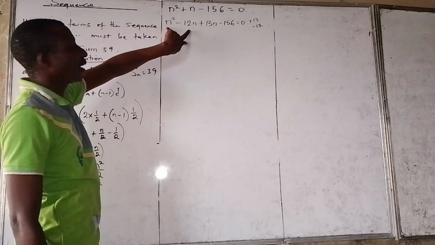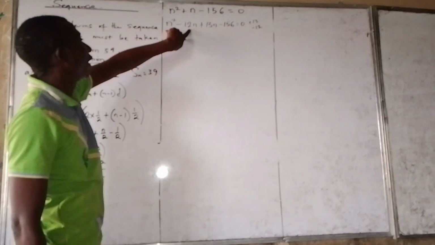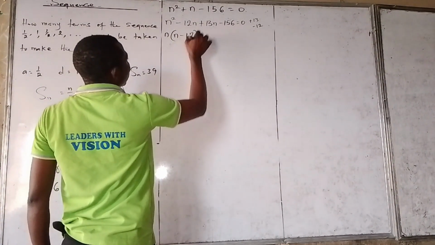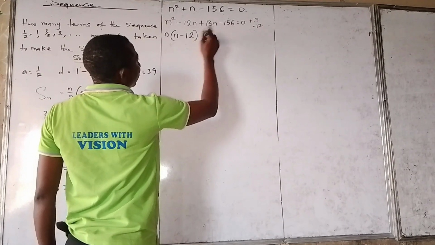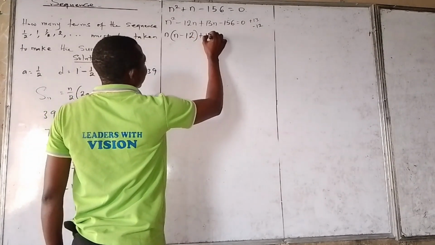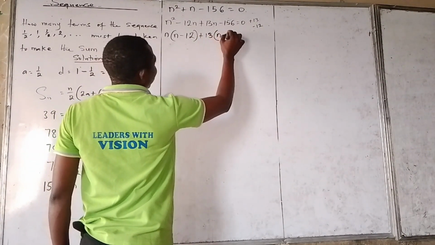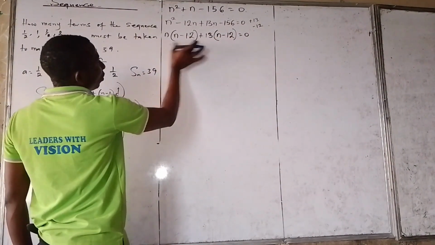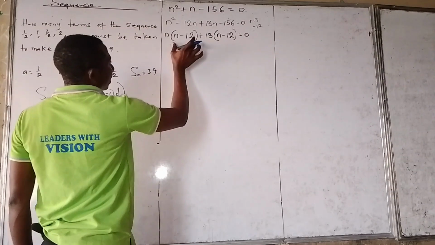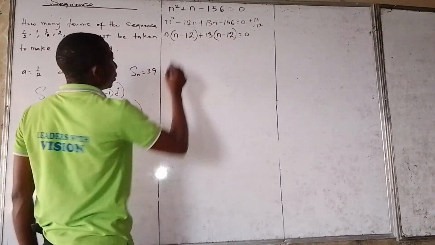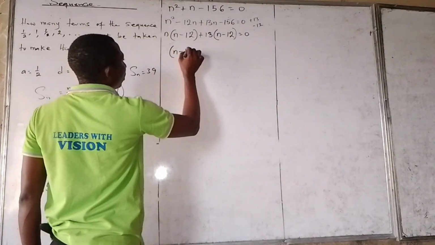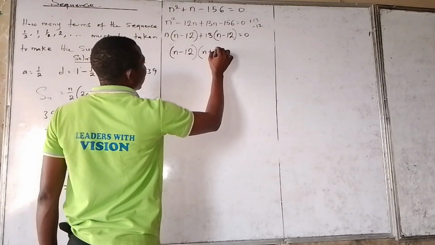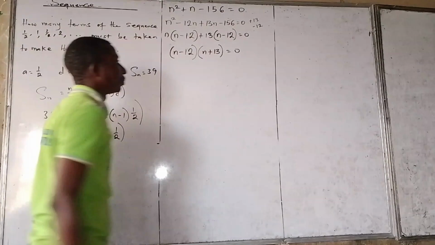So you factor out n here. So we have n open bracket n minus 12. So what is common here? That is 13. We factor out 13. So we have n minus 12 equals 0. Okay, so look at these two terms. You can see that n minus 12 is also common. So we are left with n plus 13 equals 0.